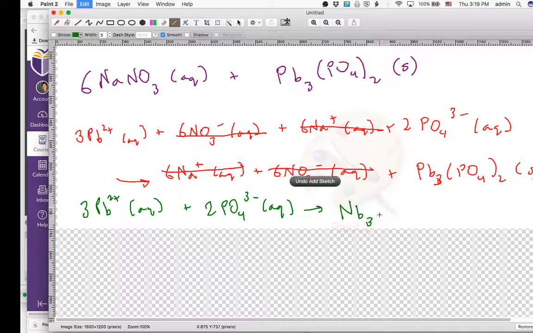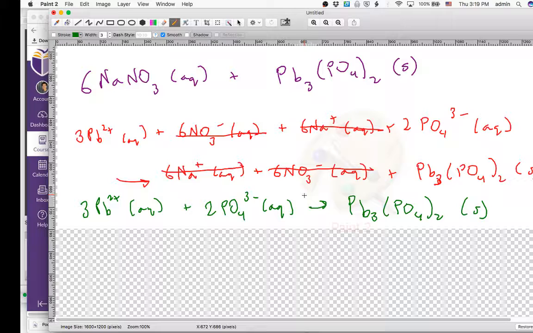Oops, sorry. I'm drawing things that are not correct here. Okay, yes, this is correct. So that in green is the net ionic equation.